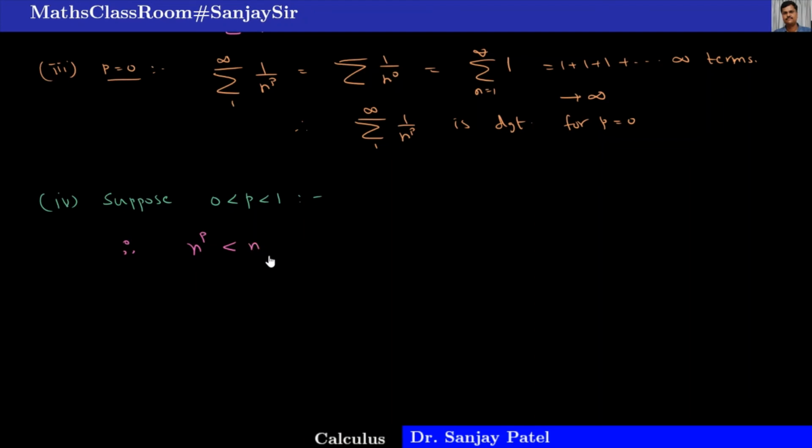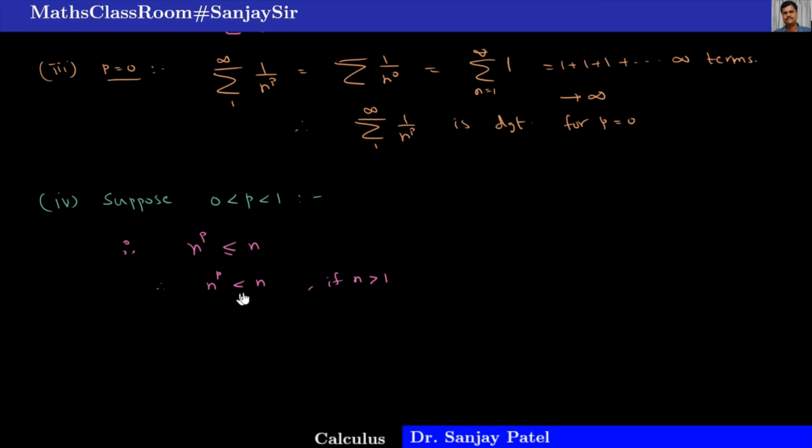And here it is always less than or equal to n, because if n is equal to 1, these two will be equal. So what I want is to exclude n equal to 1. So I can write n raised to p is less than n if n is greater than 1. We can omit a few terms, so that does not change the convergence.